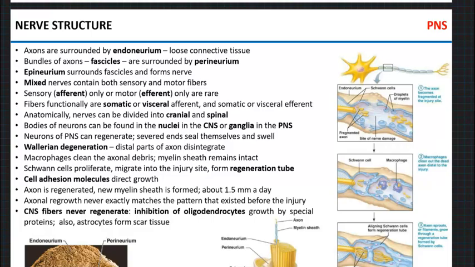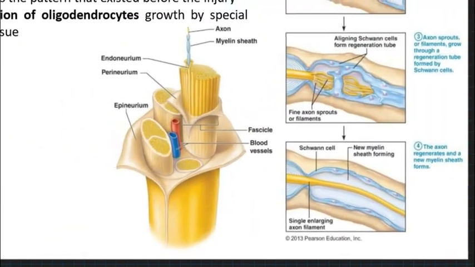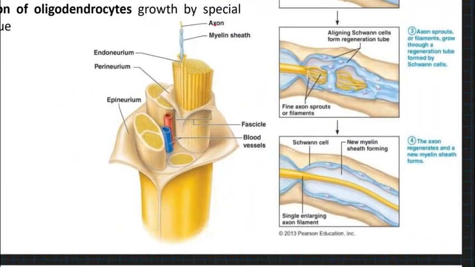So within the nerve, the individual axons, each individual cell, is wrapped in a very thin connective tissue covering called endoneurium. These endoneurium-wrapped axons form bundles known as fascicles. By the way, the word fascist comes from the same origin.